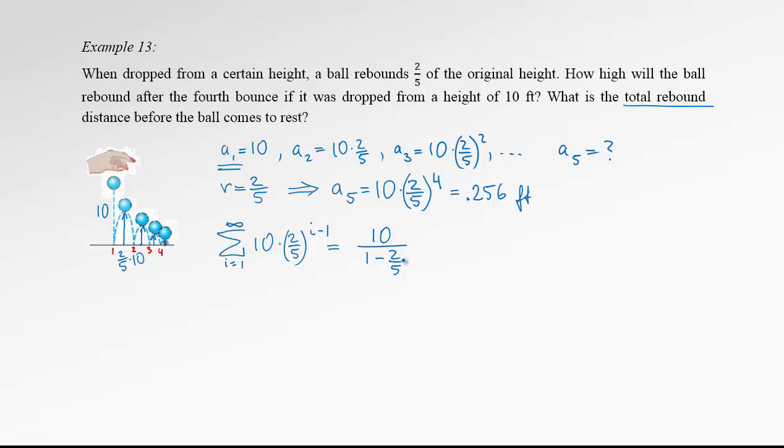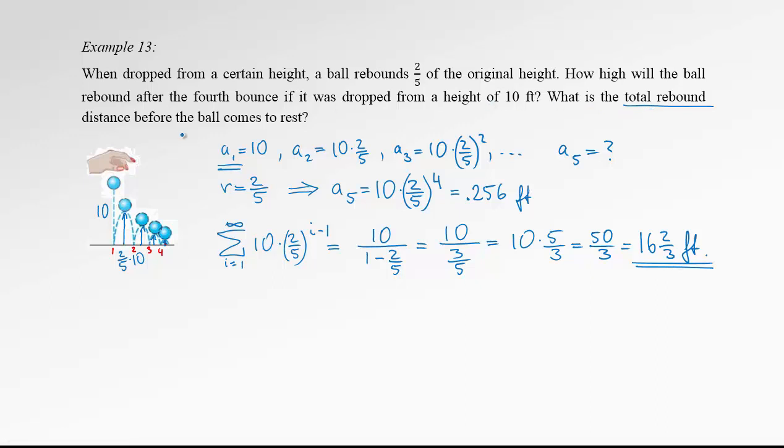That's a really powerful formula. Okay, let's calculate it. 10 over 1 minus 2/5 is 10 over 3/5. And when we flip it, we have 10 times 5/3. So altogether 50/3, which is 16 2/3 of a foot. So the total rebound distance is over 16 feet.